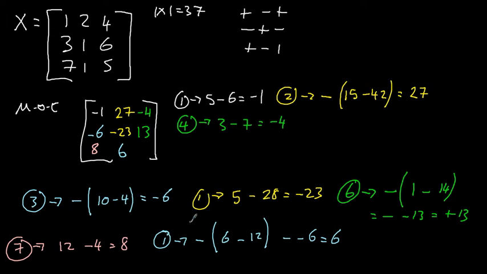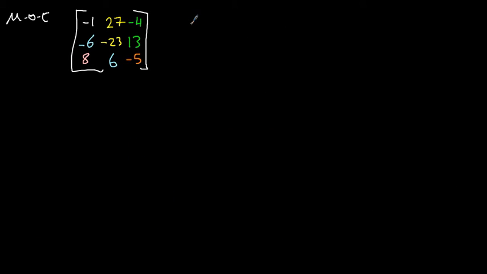And we've already dealt with the change in sign, so we don't need to do it twice, we'll get it wrong. And finally, the 5 element gives us 1 times 1, take away 3 times 2, so that is minus 5. So we've got the matrix of cofactors.